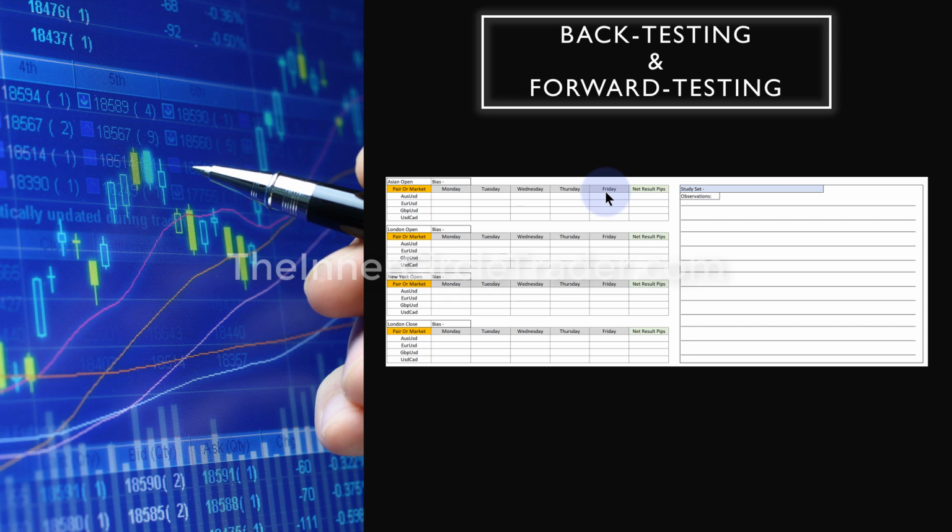How many pip movements did you have? What was the negative against you when it stopped you out? Okay. What was the most ideal scenario where it moved in your favor? Because you're not trying to calculate in advance how many pips above an old high or how many pips below an old low it's going to move. That's the next stage. Okay.